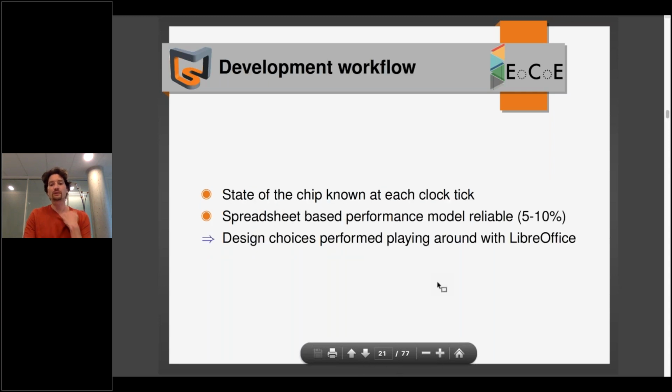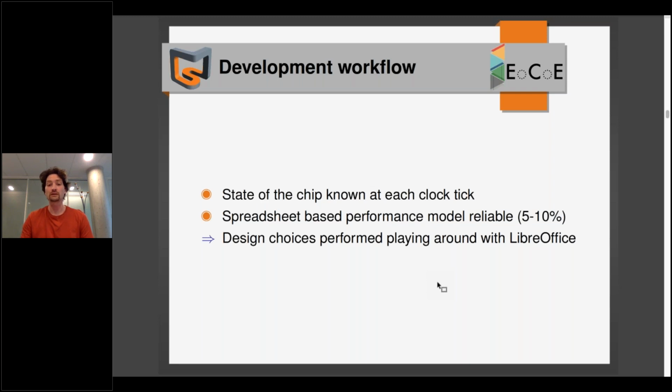So how do you develop this kind of critical component? One good thing is that on an FPGA, you know the state of the chip at each clock tick. So you know exactly how many clock ticks will be required to execute your algorithm.